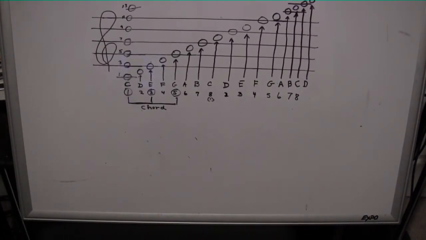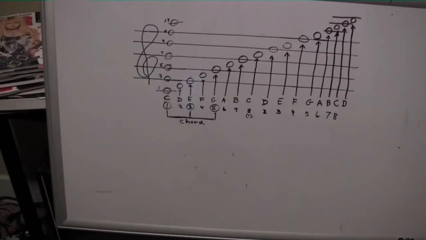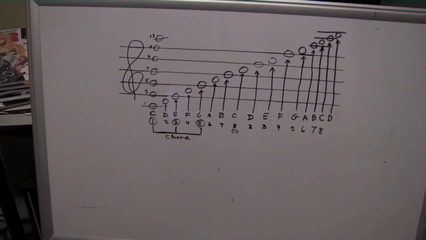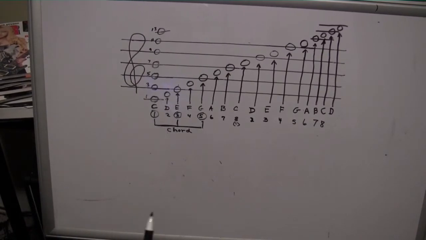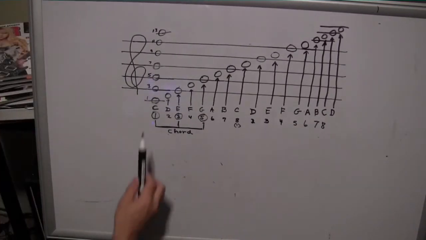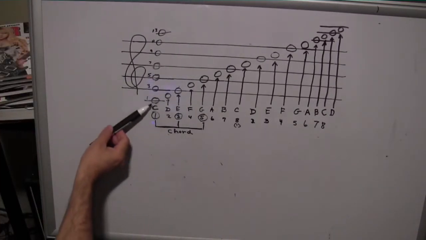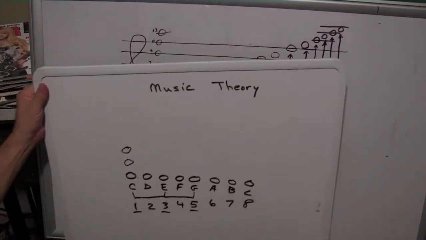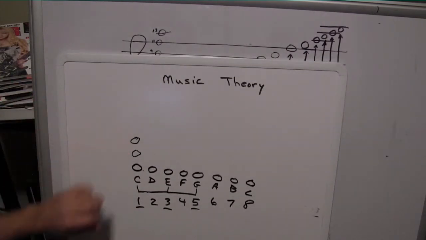If we stack thirds, 1, 3, 5, we get a C major chord. And we figured that they harmonized well together and it worked really well. Everybody's happy with a C major chord.